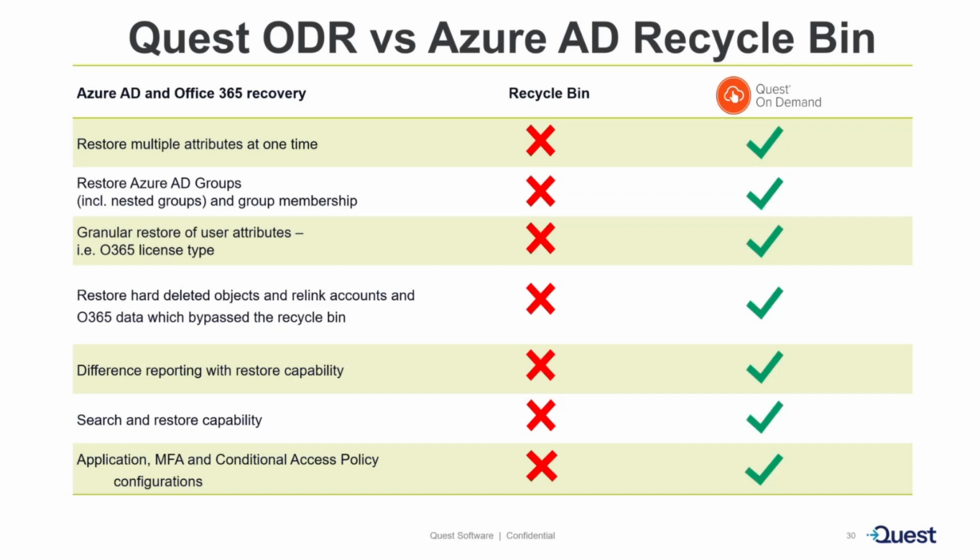We can restore all objects that were hard deleted from the recycle bin. We can do reports and show differences between the backup and the production. We have capabilities to search and restore, and we can back up and restore the applications' MFA and conditional access policies.